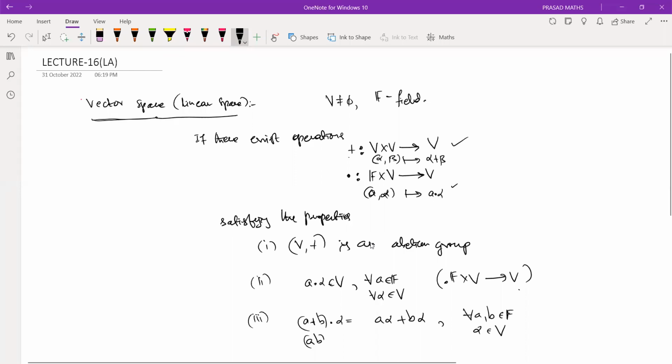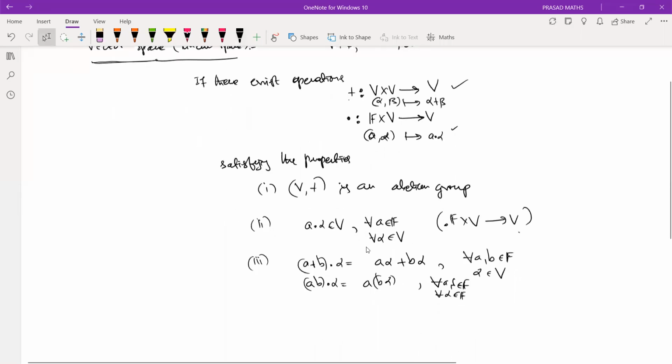And a into (b into alpha) is equal to (a into b) alpha. This is true for any two scalars and any vector. Next, we take any scalar and any two vectors: a into (alpha plus beta) is equal to a alpha plus a beta. This is true for any scalar and any two vectors in V.